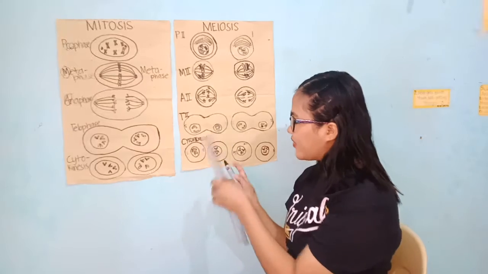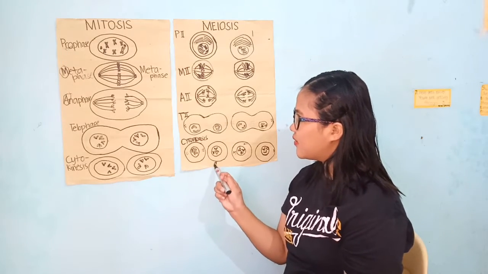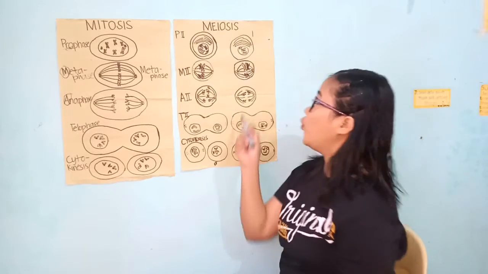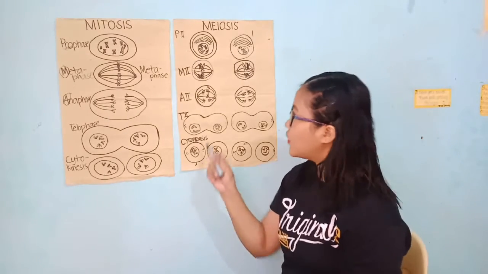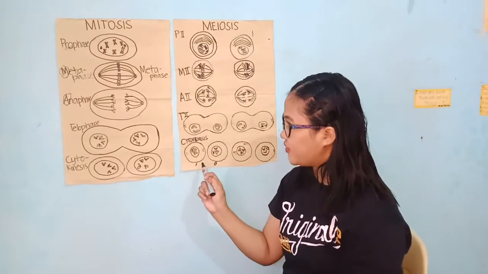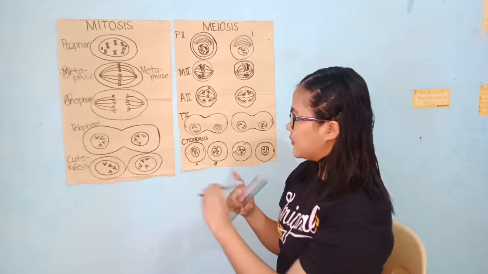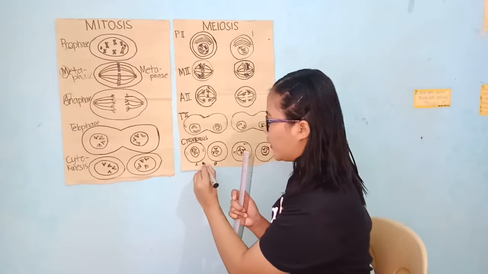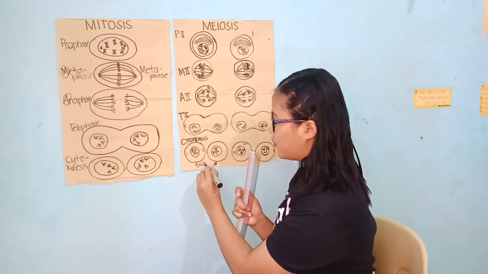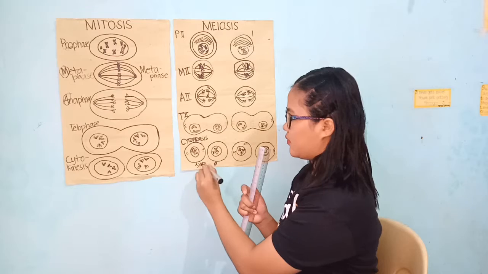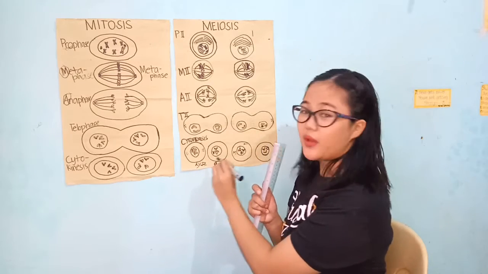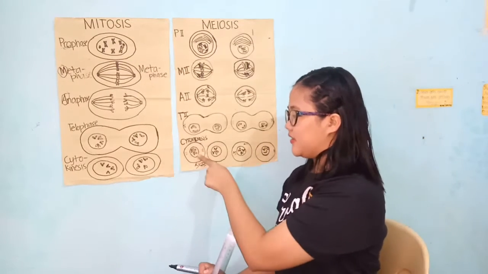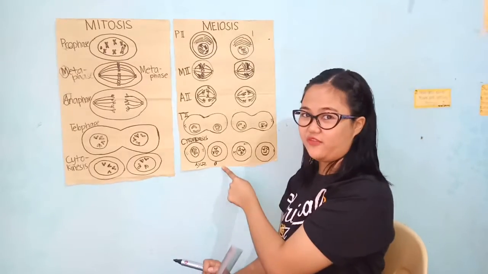So, this one cell will divide, and the other cell will divide. So, as what I've explained earlier, these cells will be times 2. These two cells will become times 2 because this one will divide and this one will divide.